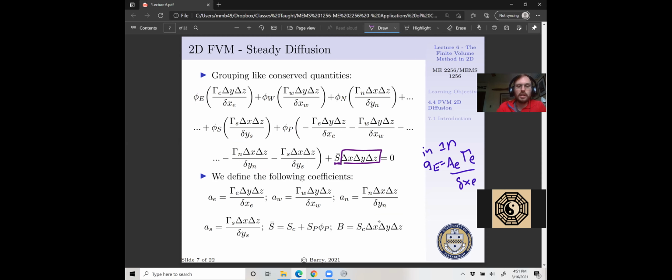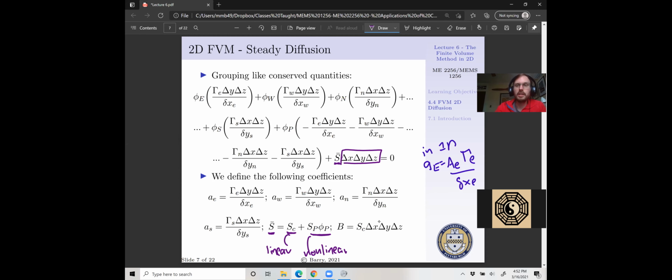And what we do is for S bar, we define it as a linear contribution and a nonlinear contribution. So SC would be a constant source, and SP Vp would be a source that's dependent upon the temperature of our cell center within the center of our stencil. And we'll talk about source term linearization next class and how we handle nonlinear source terms, which is pretty cool.